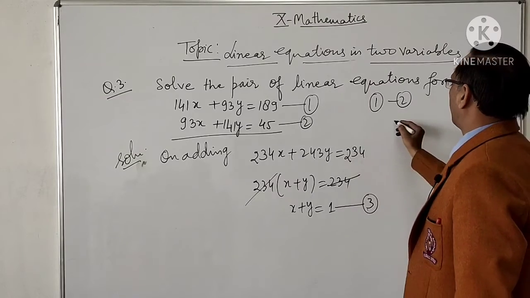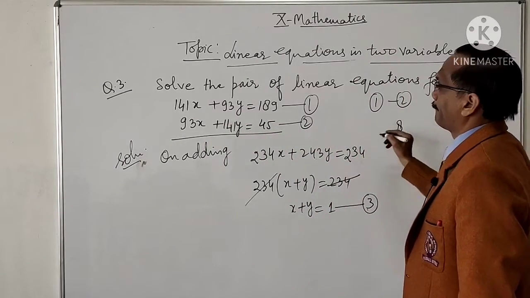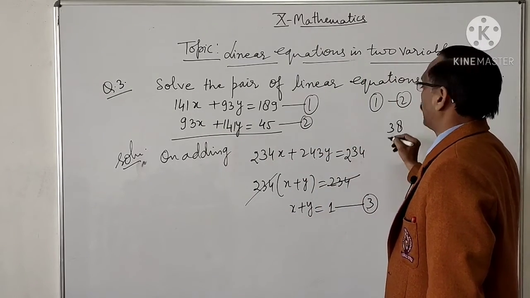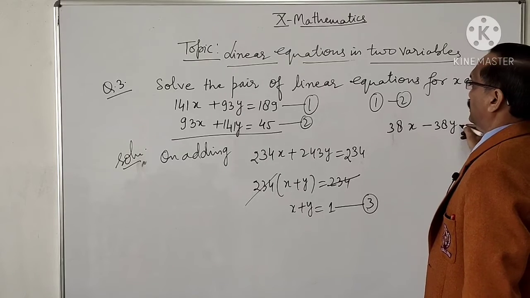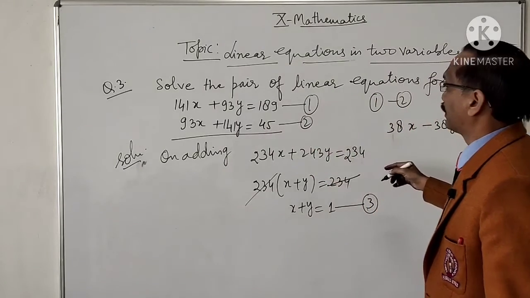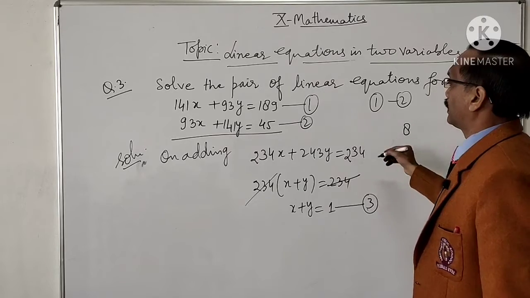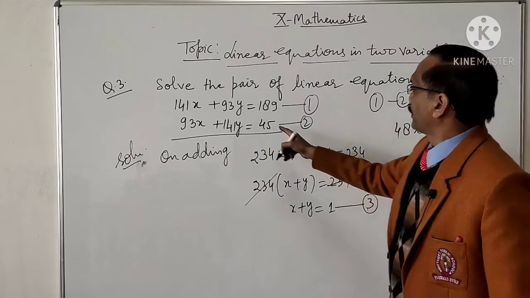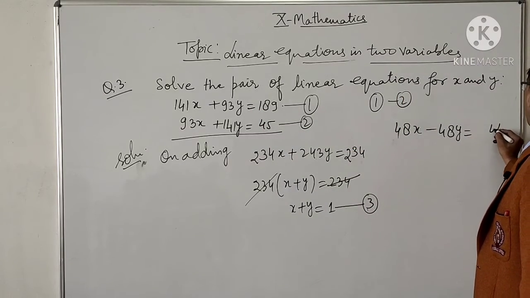After subtracting, we will get 141 minus 93 is 48, so 48x minus 48y is equal to 189 minus 45, that is 144.